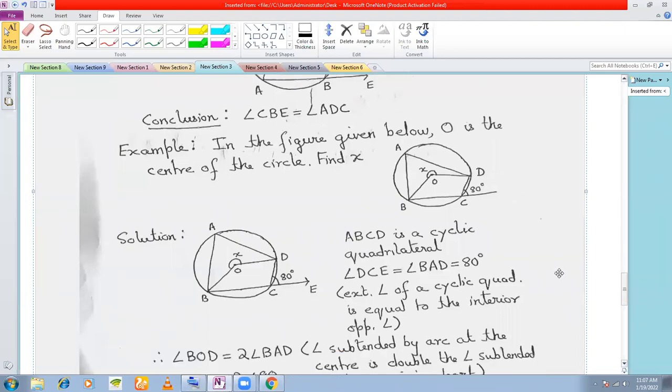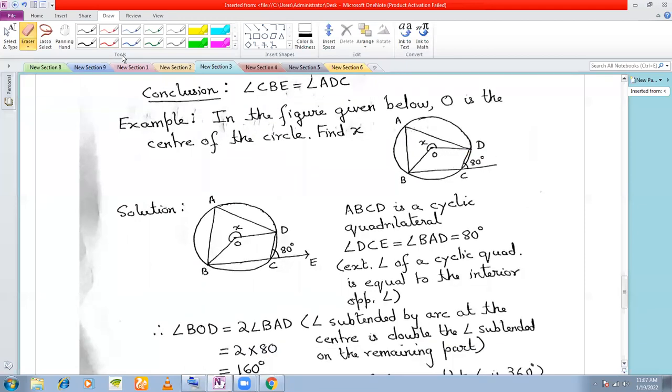Find x. So O here is the center, and you need to find the unknown angle x. How will I proceed with this? Which angle is given to me? This angle is given, 80 degrees. That is what we must note.